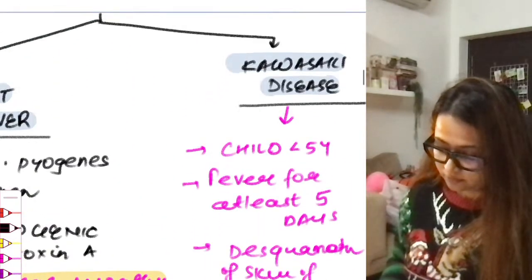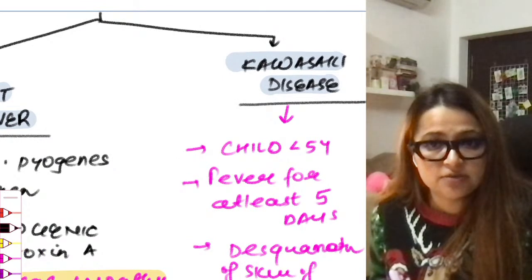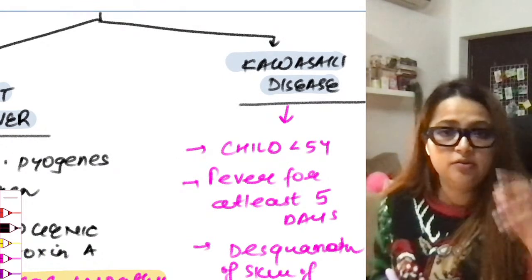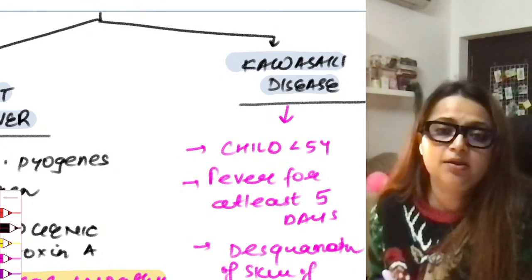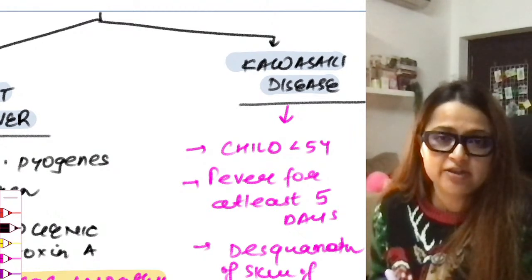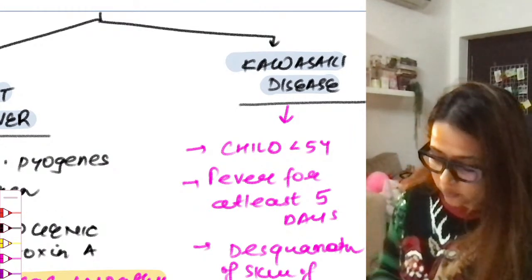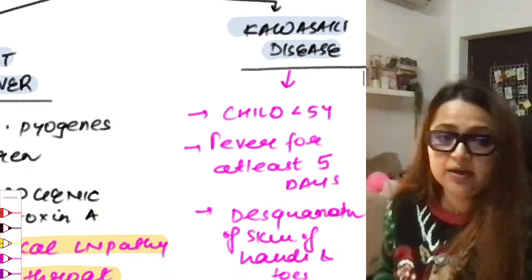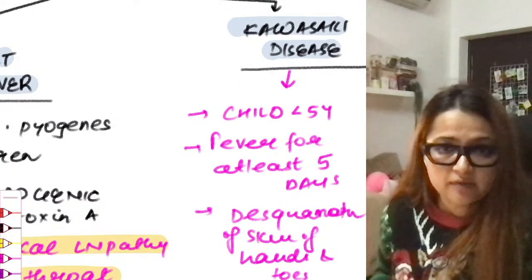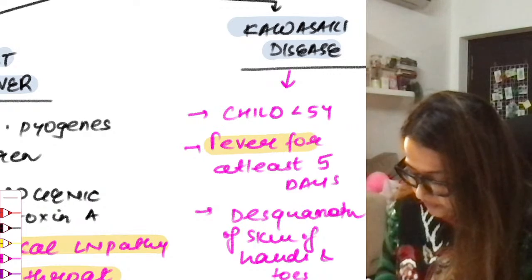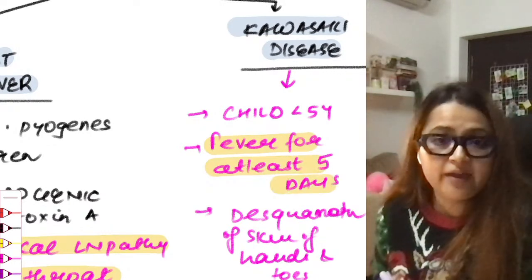Now, talking about the second differential of strawberry tongue, we have Kawasaki disease. In Kawasaki disease, number one, the history would be of a child. Number two, a very important thing to keep in mind: in order to diagnose Kawasaki disease, the child should have fever for at least 5 days.